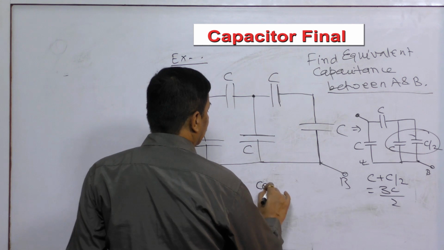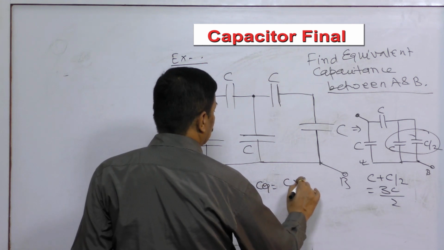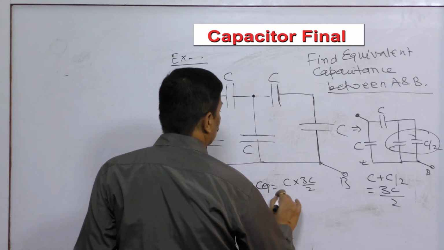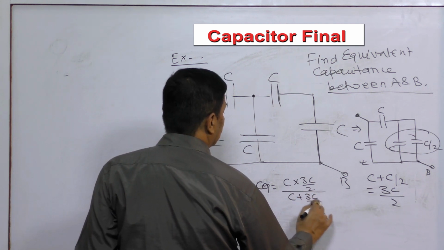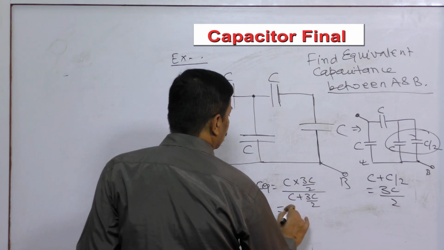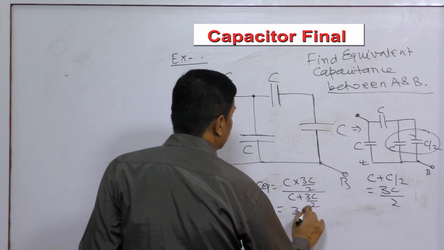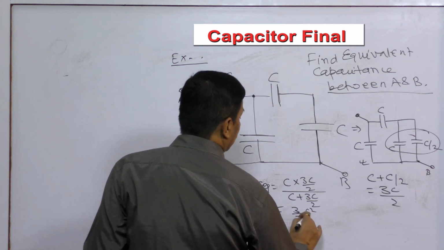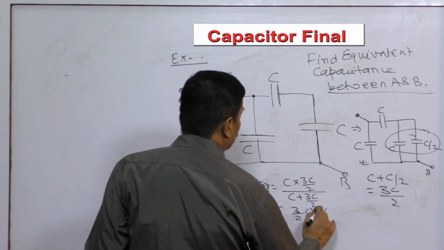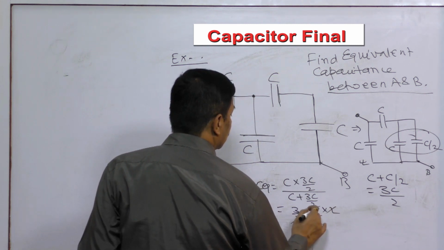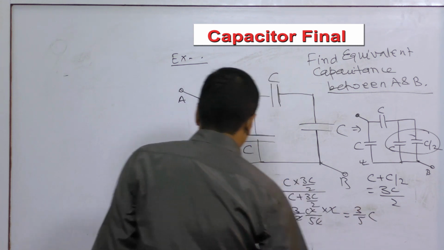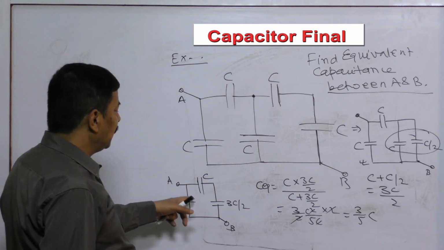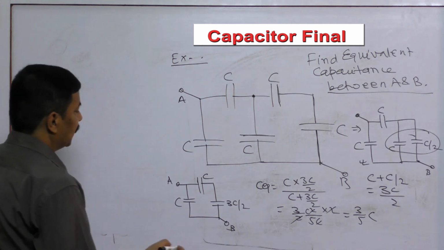C equivalent in this case will be C into 3C by 2 divided by C plus 3C by 2. That is 3 by 2 C square into 5 by 5C... 2 will cancel, C square, 3 by 5C. So this can be replaced by 3 by 5C.